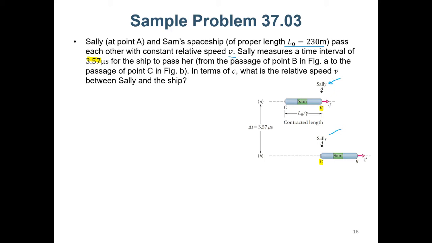So in terms of c, what is the relative speed v between Stacy and the ship? Well, Stacy measures a time interval of 3.57 microseconds, which is the dilated time.